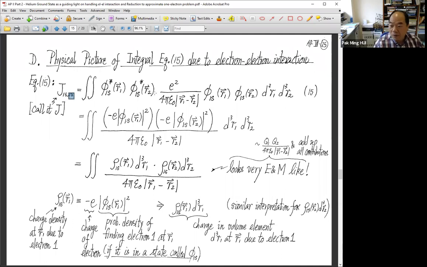Now, let's look at the picture. There are many ways to interpret it, but the whole thing is that this J has a classical physics interpretation. That is the first take-home message. Now let me convince you that there is a classical physics interpretation.